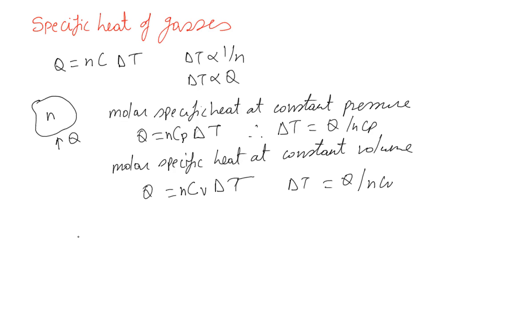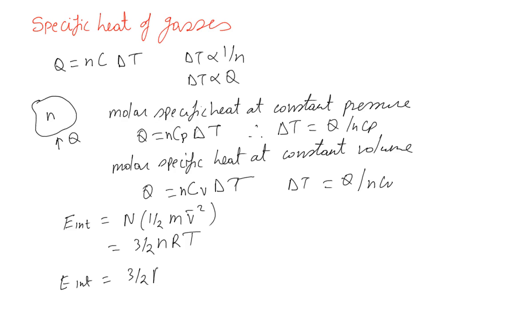Also, if you recall from last class on kinetic theory of gases, the internal energy of the system was N times half mv squared, which was the same as 3 by 2 nRT. So for 1 mole, the internal energy E is 3 by 2 RT.